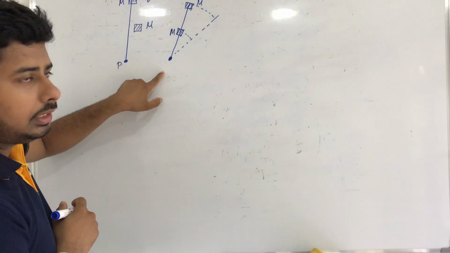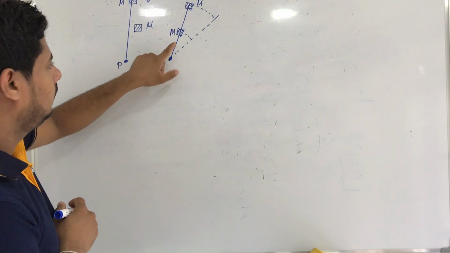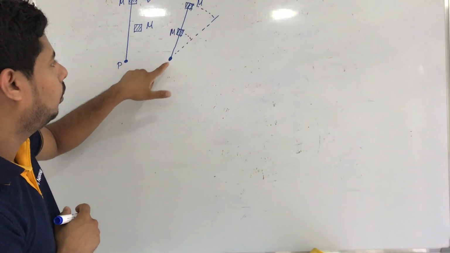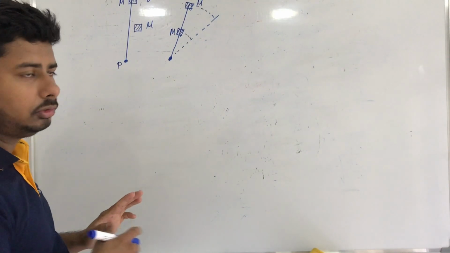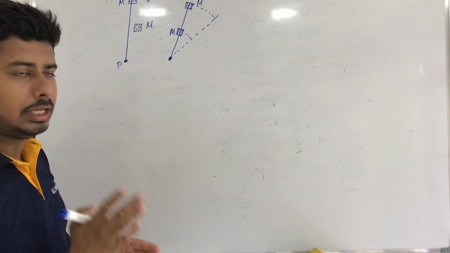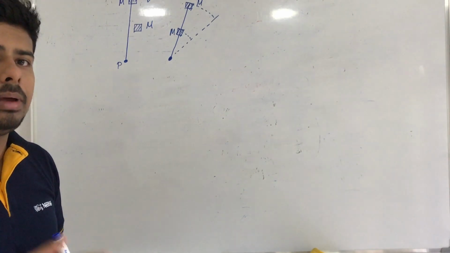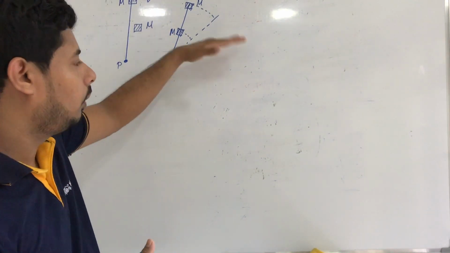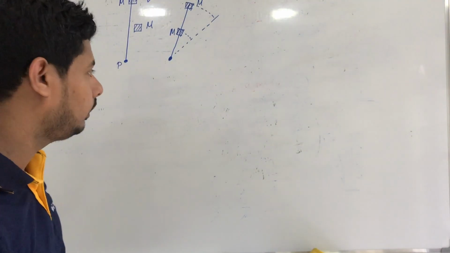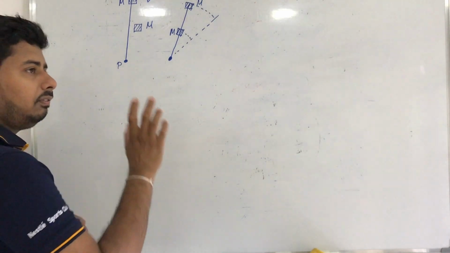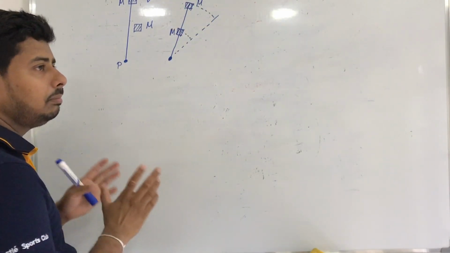But you can see here, when this rotates, the angle subtended by both objects at the center or the pivot point is the same. That means they will experience the same angular velocity throughout the motion. Okay, so we have the clue now. After the collision, both will have the same angular velocity.